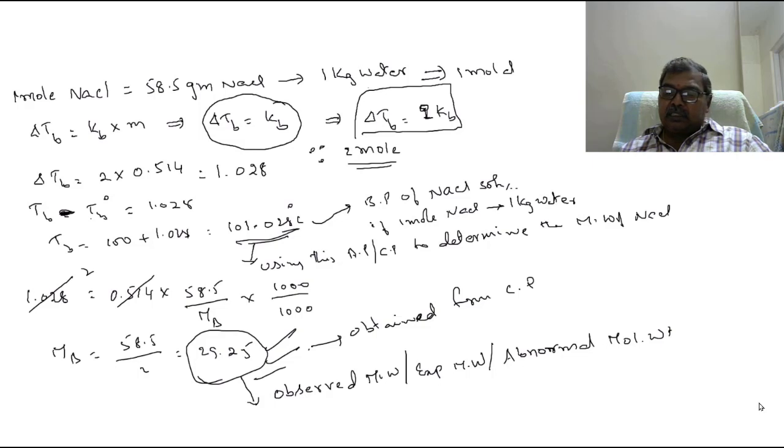And this colligative property obtained is called observed colligative property, or experimentally determined colligative property, or abnormal colligative property.